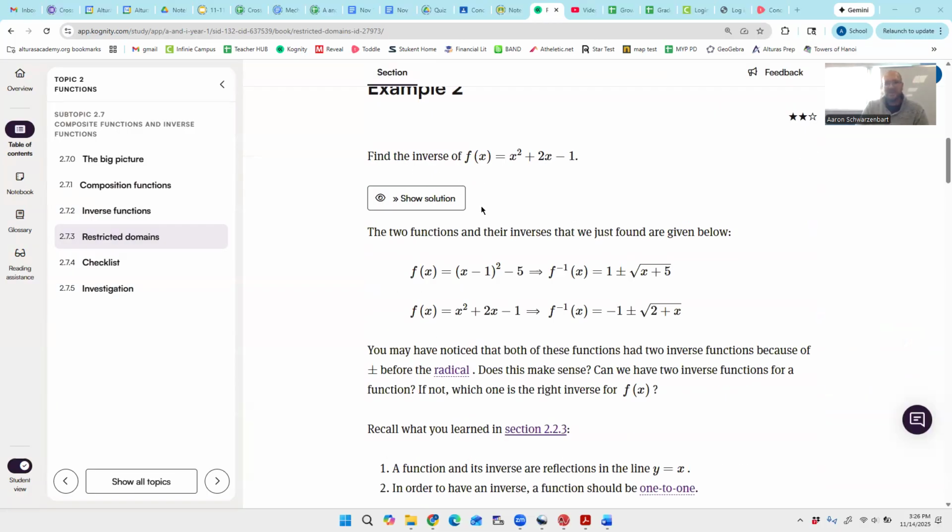Okay, find the inverse of this. This one gets a little bit harder. We switch x and y.